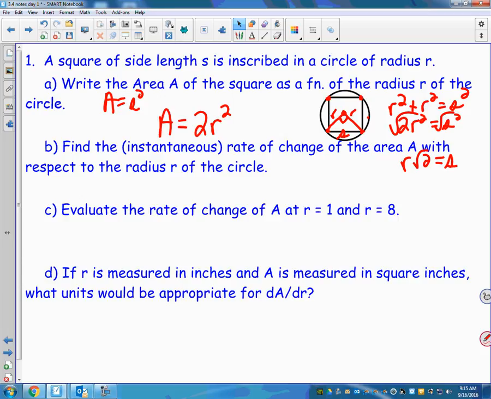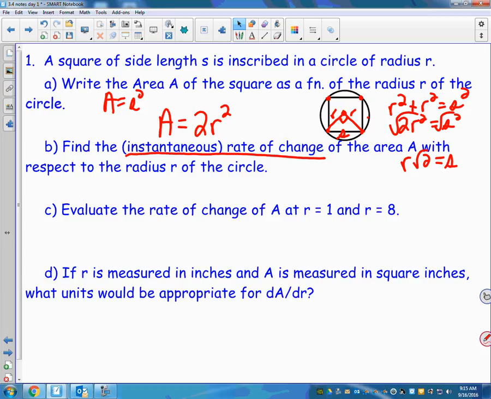Some of the problems will give you the equation. So look at part B. It says find the instantaneous rate of change of the area with respect to the radius of the circle. So you have to know this vocabulary. What does it mean I'm doing when I find the instantaneous rate of change? The derivative. They're not x's and y's, but think of this as your y and this as your x.